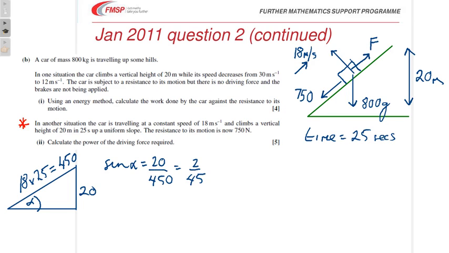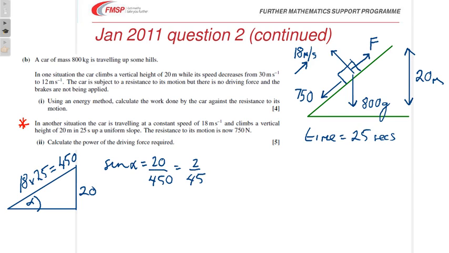We know it's going at 18 meters per second, and we know it's been going for 25 seconds. So that tells us the distance it's gone along the slope is 18 times 25, 450. So we know the angle. Specifically, we know the sine of the angle, 20 over 450.